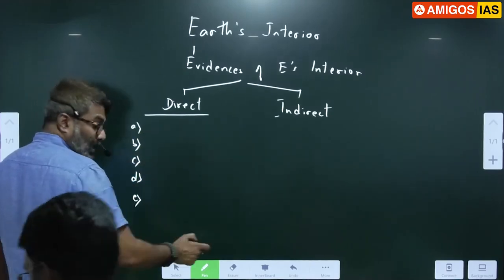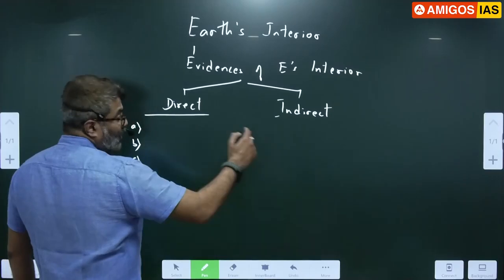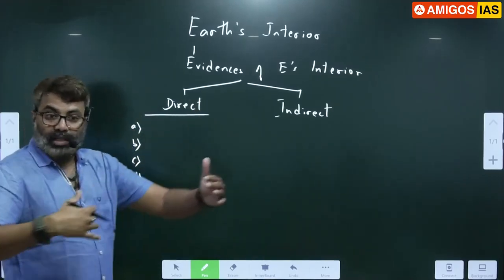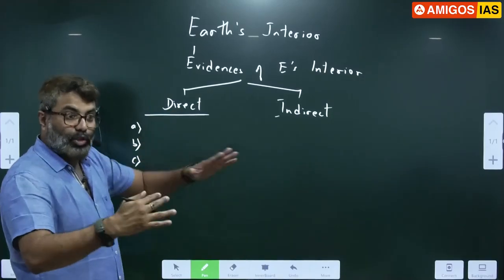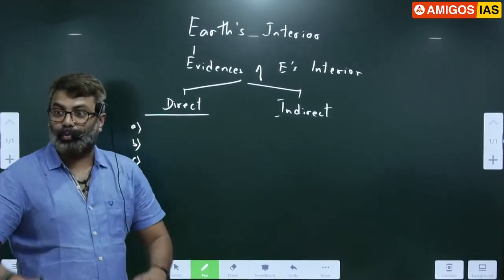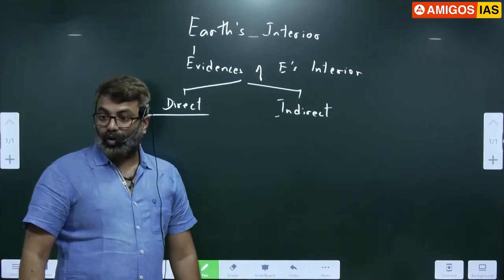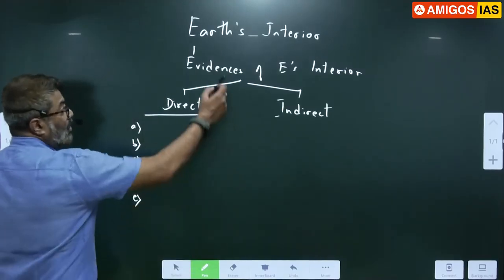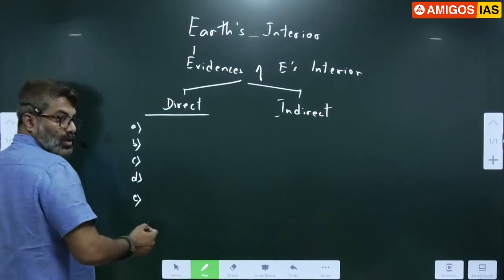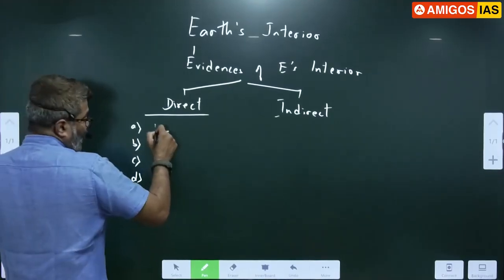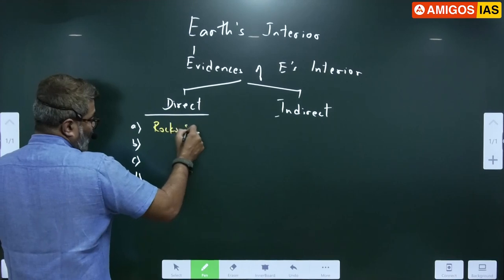Those all come under direct. So in the exam, you should know this flow chart, because before you frame the answer, you should know what should come, and when. The flow of the answer is very important. If they ask you about Earth's interior and direct evidence, then you write this much. Like, already we have discussed rocks and minerals.